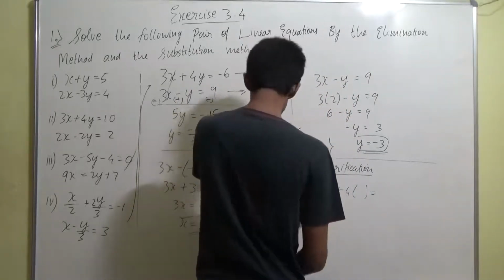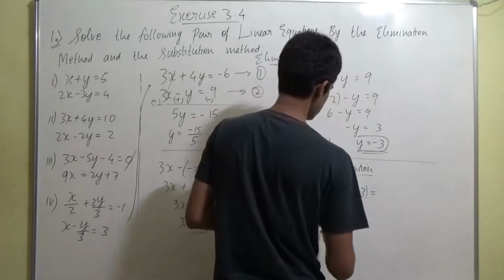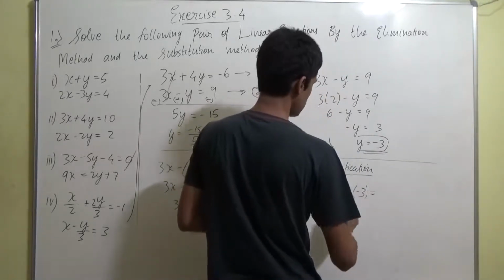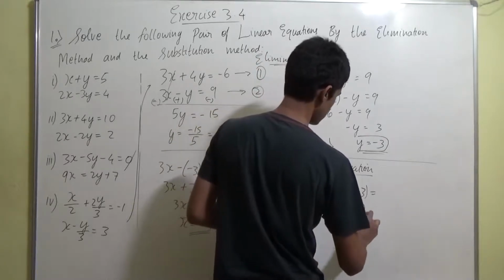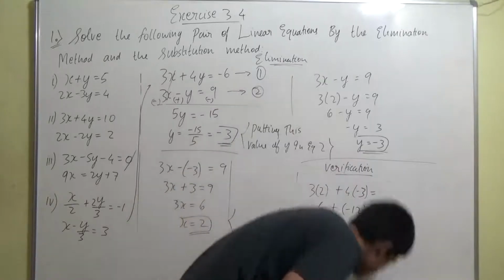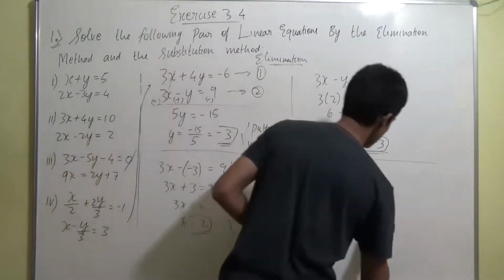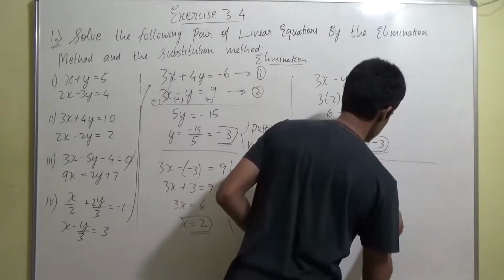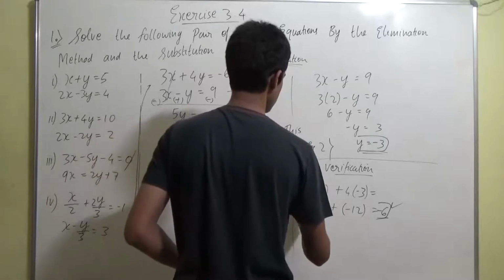X we got as 2, and the value of y we got as minus 3. It becomes 6 plus, this whole term becomes minus 12. So 6 plus minus 12 is nothing but equal to minus 6. So we got the RHS, which means LHS is equal to RHS. So hence verified with the first equation.